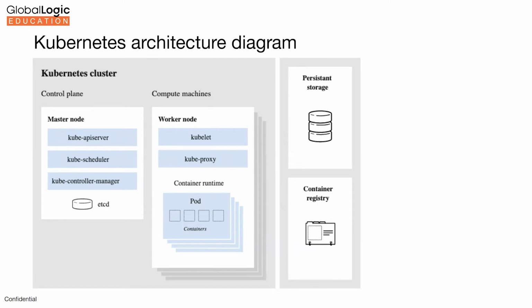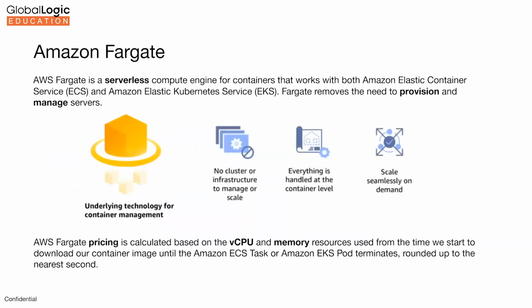There are different types of applications you can run, and there are different concepts related to Kubernetes. We are not going to cover them. But basically, Kubernetes is a really rich solution that allows you to do much more than simply running a container on a virtual machine.